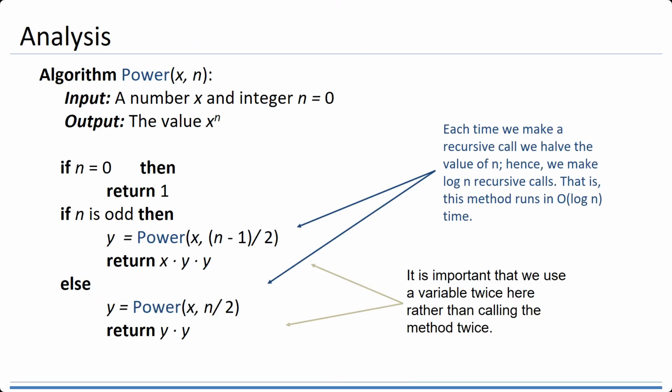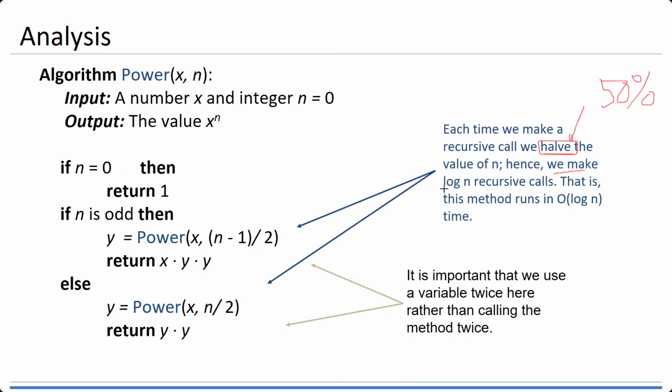By using this method, each time we make a recursive call, we halve the value. Okay. Half means we reduce the operation at least into 50%. Half means reduce into 2.